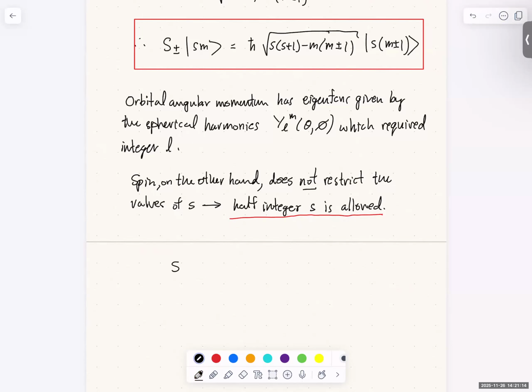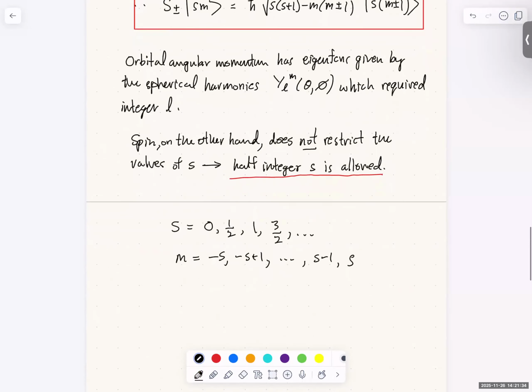So what we're allowed to have for a spin is S could be 0 or a half or 1 or 3 halves and so on. And then M is going to go from minus S to minus S plus 1 all the way up to S minus 1 and then S. So some elementary particles, and this is not an exhaustive list of the elementary particles. It is a representative list.